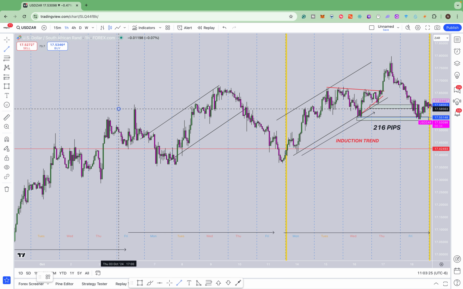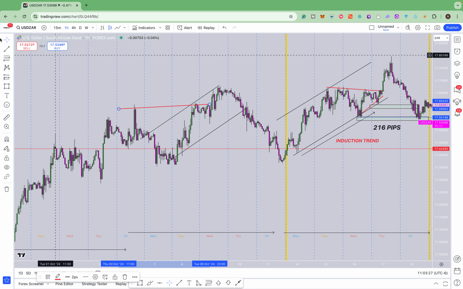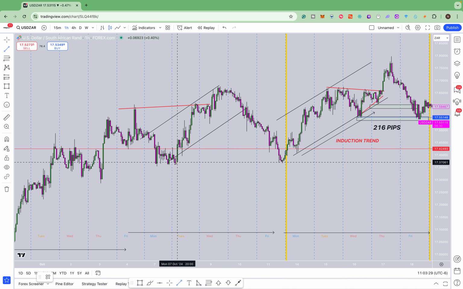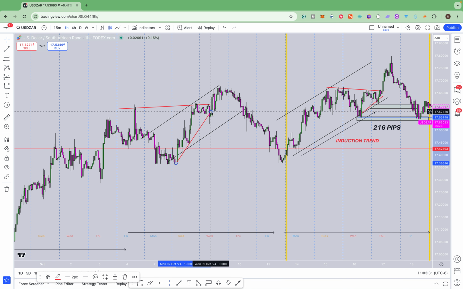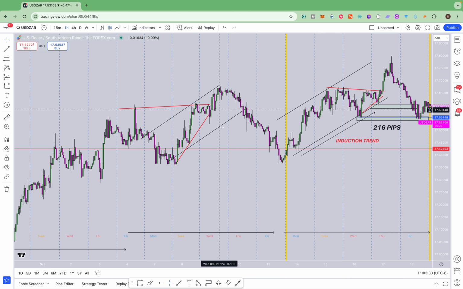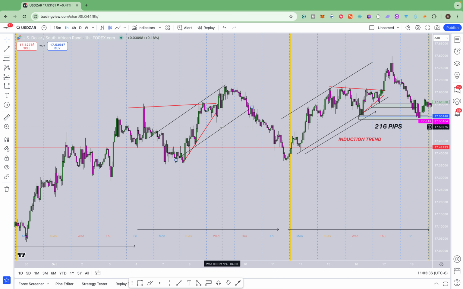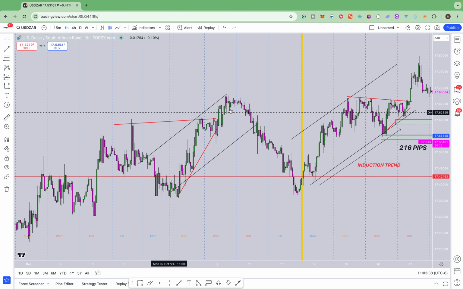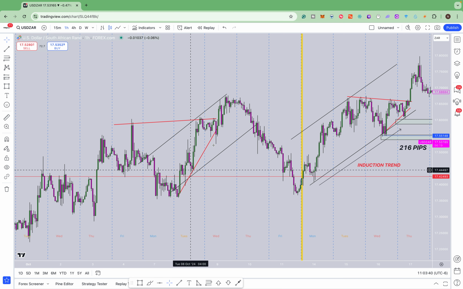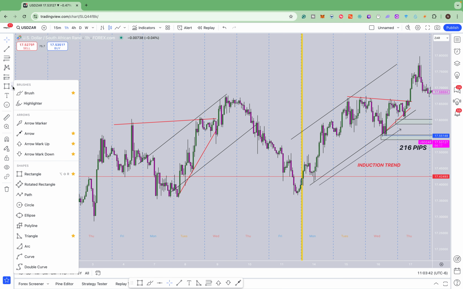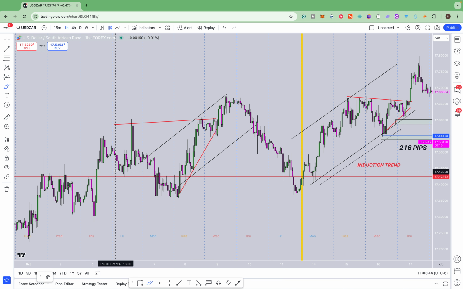This is where experience and price prediction can come in, or price pattern recognition. That's what I wanted to say. All right, so here we have another pretty obvious induction trend with the signature trade wedge right here.